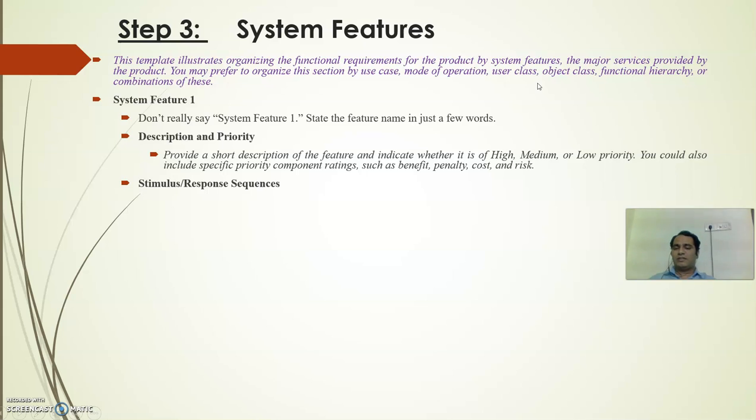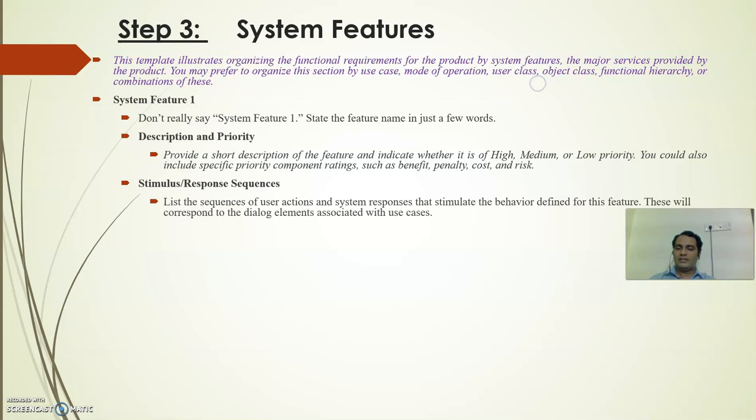Now, stimulus response sequences. Under this, we need to list the sequence of user actions and system responses that stimulate the behavior defined for this feature. I hope you understand this is like interaction. Based on this we can develop the use cases and use case diagrams. These will correspond to the dialogue elements associated with use cases.